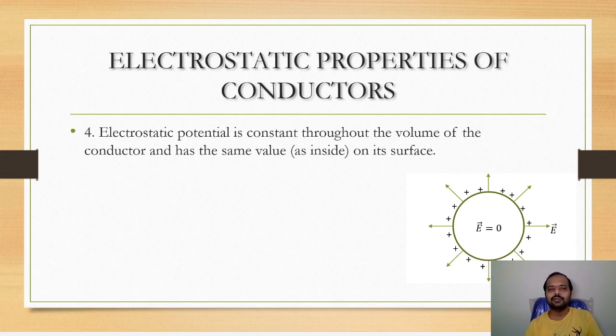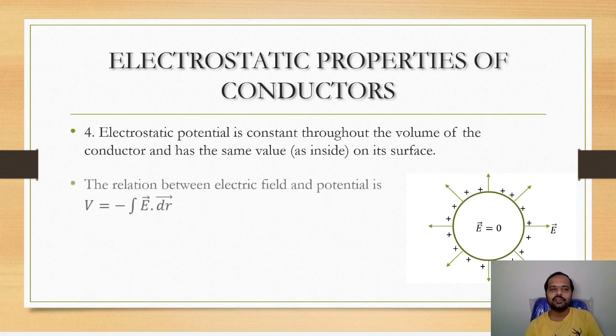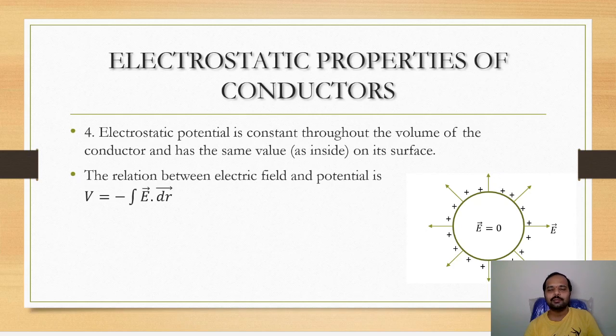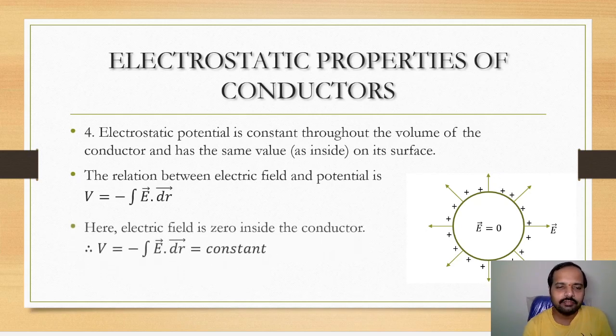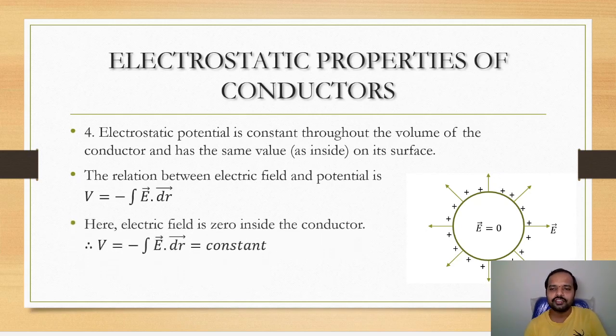So if the electric field is zero inside the conductor, from the relation between the electric field and potential, which is V equals minus integral of E bar dot dr bar, where dr bar is the position vector, we can say that E bar is equal to 0 inside the conductor, which means the integral will be zero, that is we get V equals minus 0 dr, which is going to be a constant, which means that everywhere inside the conductor the potential is always going to remain constant.